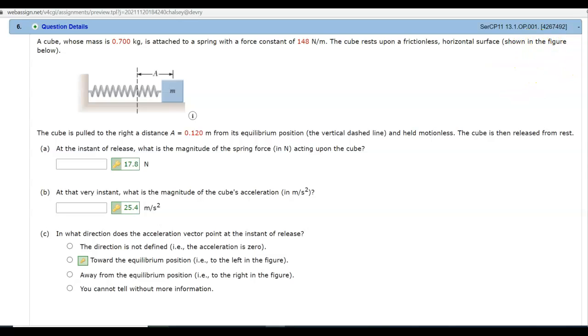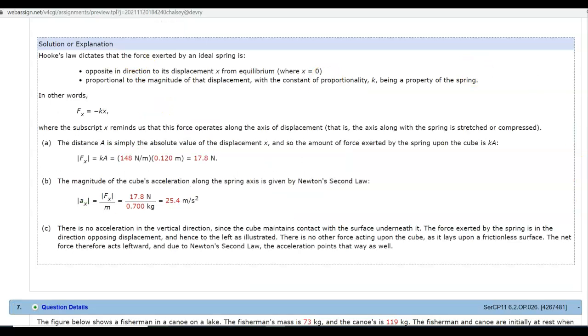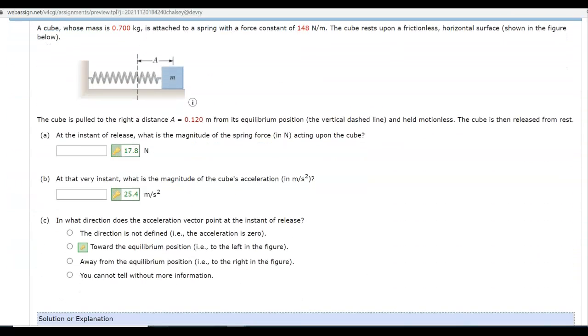Okay, the cube is pulled to the right a distance of 0.12 meters from its equilibrium position and held motionless. The cube is then released from rest. At the instant of release, what's the magnitude of the spring force acting on the cube?